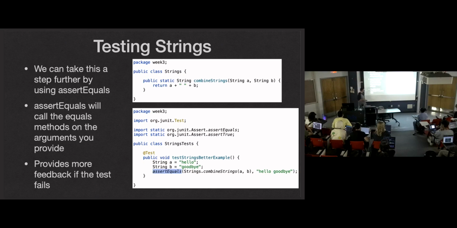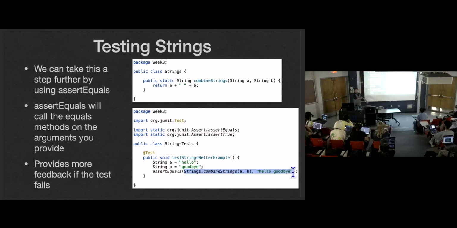And I always do this backwards. It should be hello, goodbye, and then the method call. It should be what you expect first, and then what you actually got second. I don't know why, but I always forget that. The only difference here is that when the values are printed to the screen, it'll say expected this, but that'll actually be what I got from the method, and actual will be my expected value.